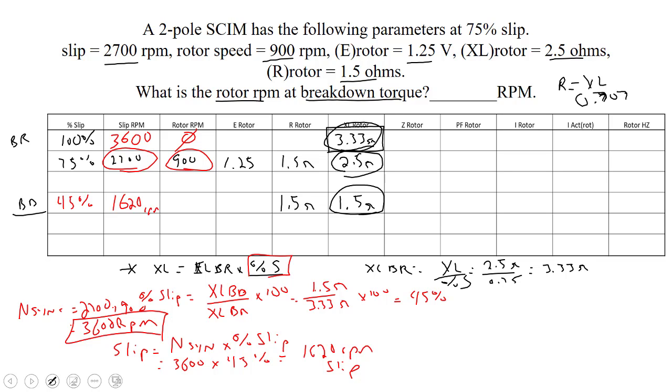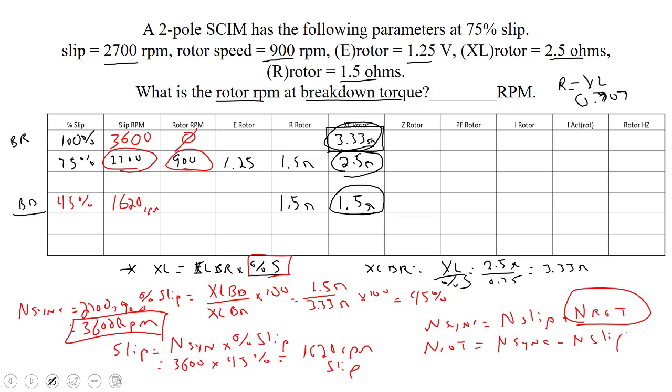What's our rotor RPM? Well, the same formula. The N sync would be equal to the N slip plus the N rotor. So I want the N rotor. That's my N sync, subtract my N slip. 3600 minus 1620.